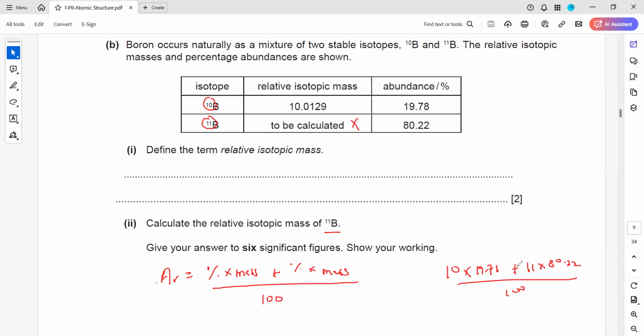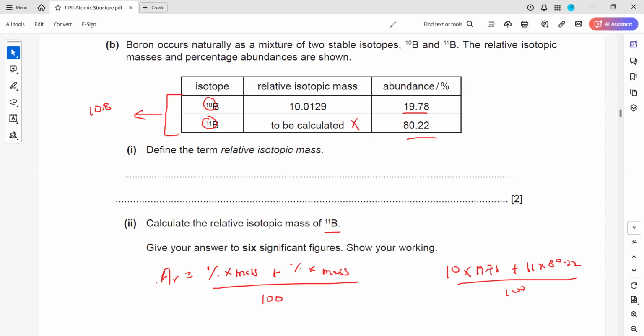Ten times 19.78... 10.8022. Okay. So now we got an average. So the average mass of these two isotopes, boron 10 and boron 11 with these percentages, is 10.8.